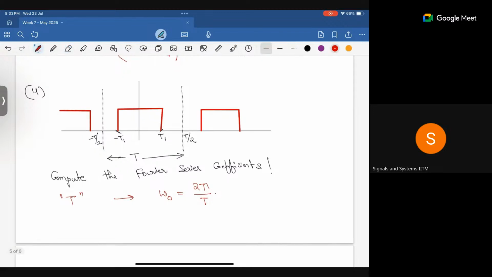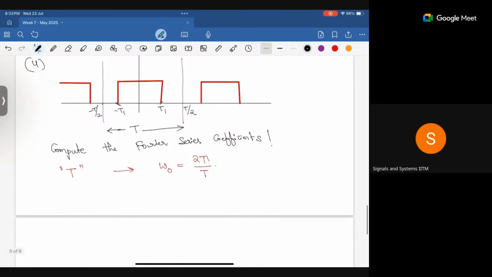So what we do is we use the formula. The formula is a_k equals 1 by T integral from minus T by 2 to plus T by 2 of x of t e power minus j k omega naught t dt.